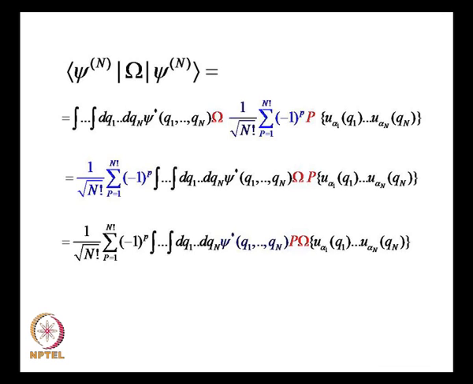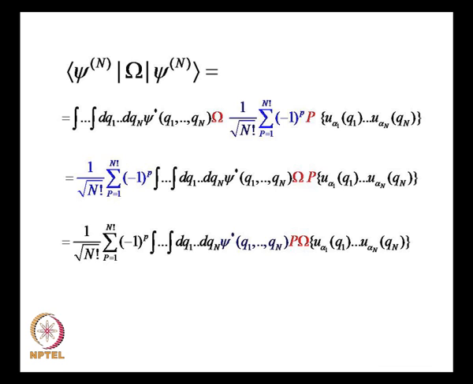So, omega p becomes p omega, and now let us see if we can move this operator p. We have moved it from the right to the left, and I want to take it all the way to the left outside the integration sign.